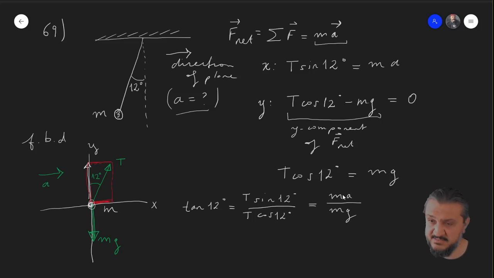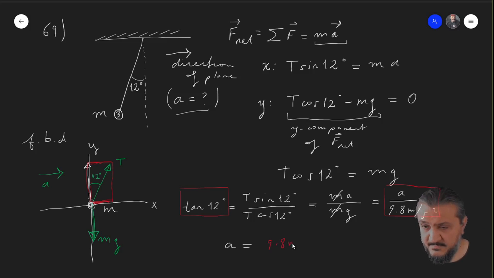Okay, so m cancels, and I have a over g, and g is 9.8 meters per second squared. Therefore, acceleration is, now you only consider this and that. These are equal to each other. So multiply both sides by 9.8. So this times tangent 12. This will be your acceleration.